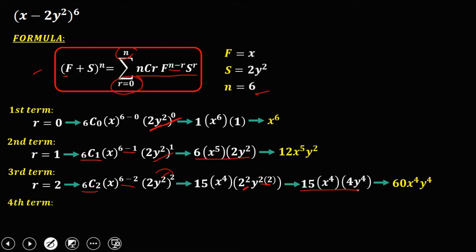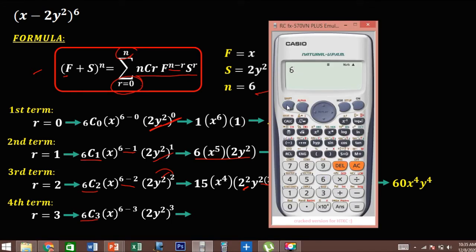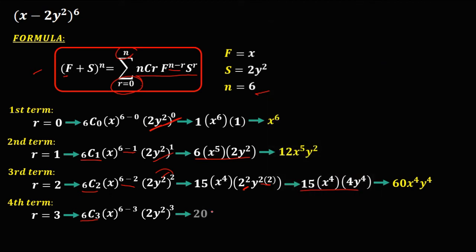Then for the fourth term, r equals 3. So 6 choose 3, then x to the power 6 minus 3, and 2y squared to the power 3. Then 6 choose 3 is 20.